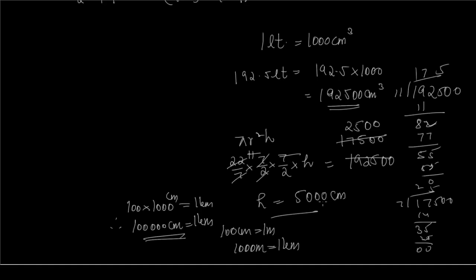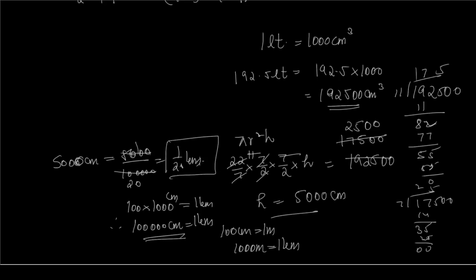So then you have 5000 centimeters of water flowing. So you can say that 5000 centimeters of water will be 5000 by this much. So these 3 zeros get cancelled and 5 ones are 5, 20. So 1 by 20 kilometer in 1 minute.